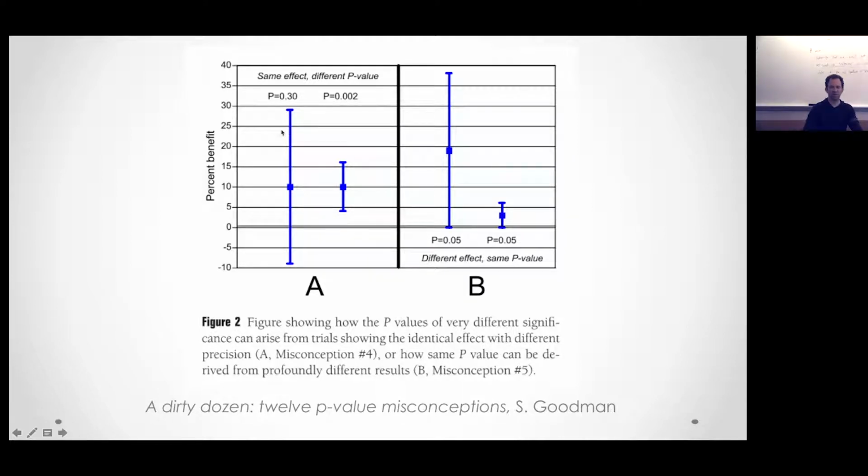Conversely, you can get this other problem where the p-value is just sort of measuring how accurate your result is. Basically, how many people you had in the trial. Right? We have the same effect size, we just have a lot more uncertainty when we have a higher p-value.